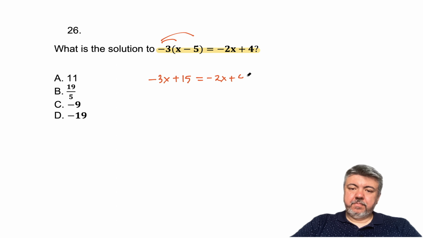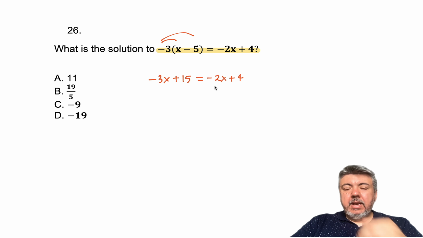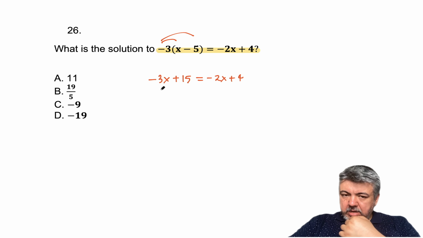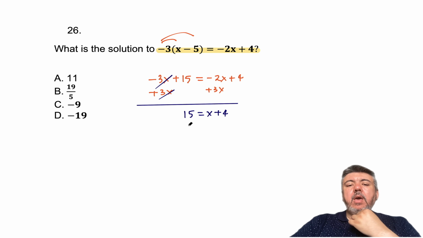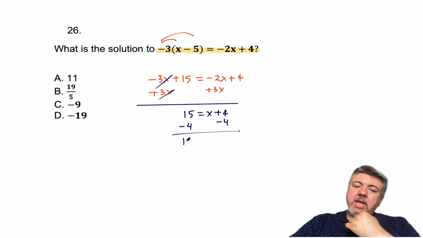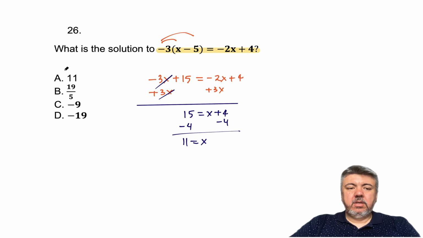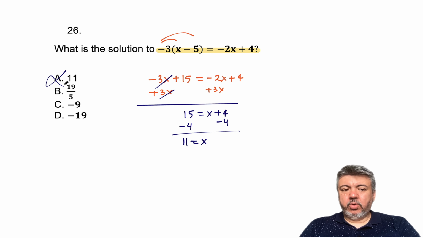Next, I will add 3x on both sides, and I will get 15 equals x plus 4. Subtract 4 from both sides: 11 equals x. So that's choice A.